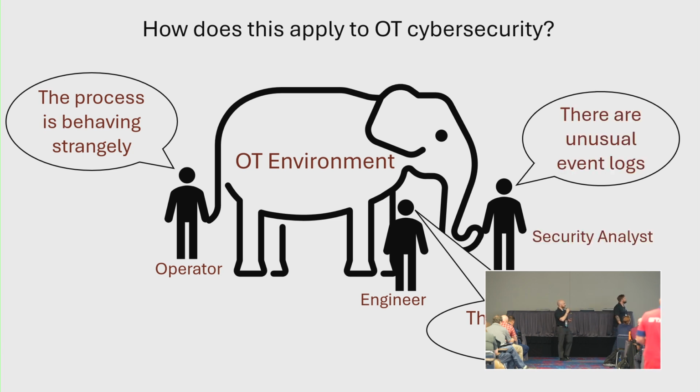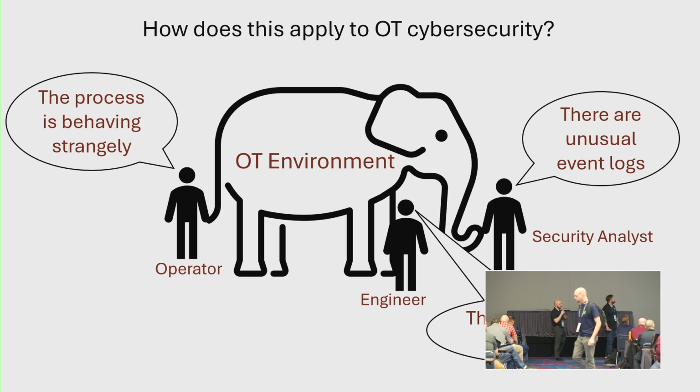And then we might have a security analyst who notices there are unusual event logs. And of course, the details matter here. These are pretty high-level descriptions of things that might be perceived. But really, all of these people are doing the best that they can with the limited information that they have, but they're really missing out on the big picture.